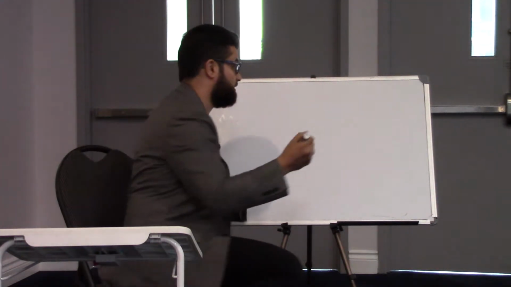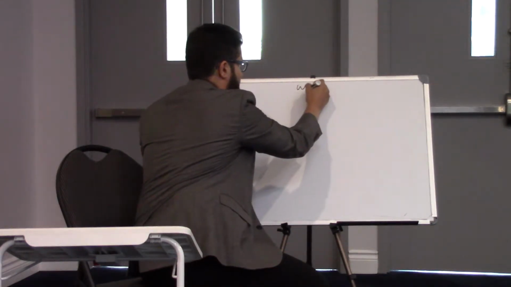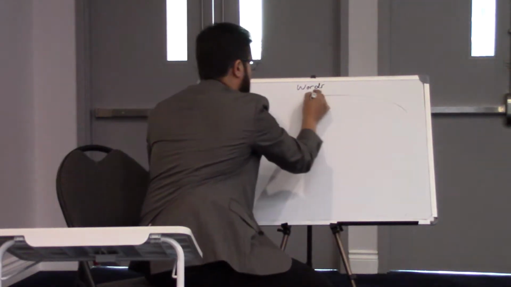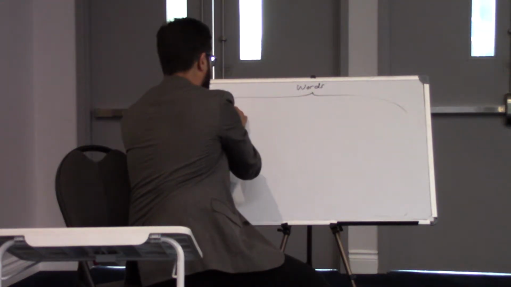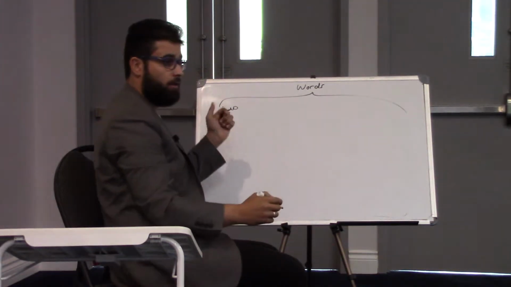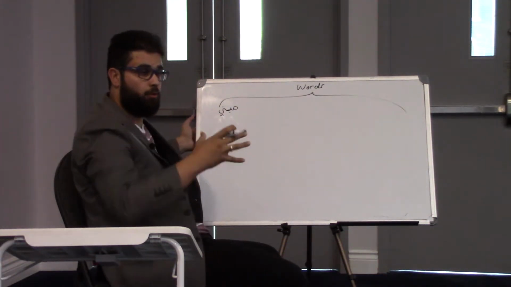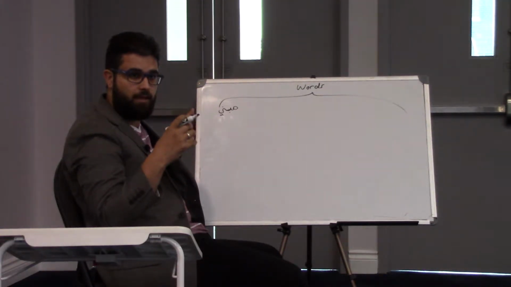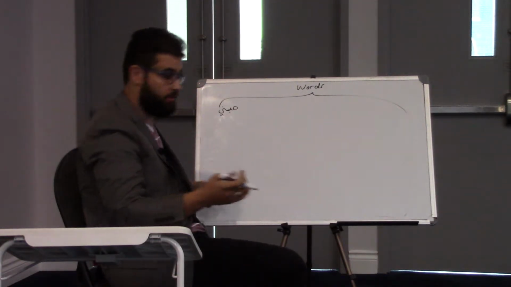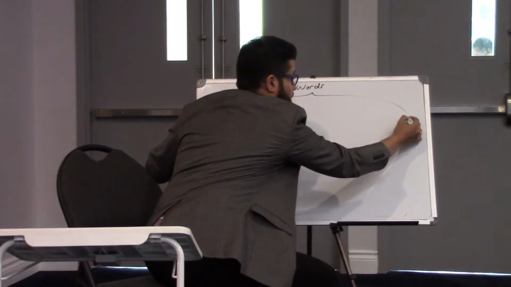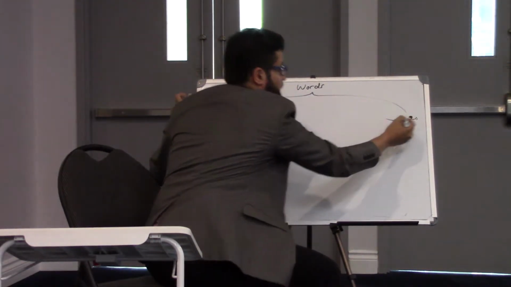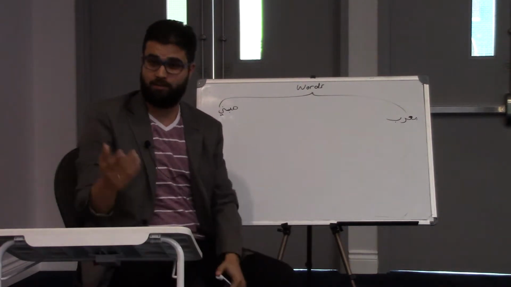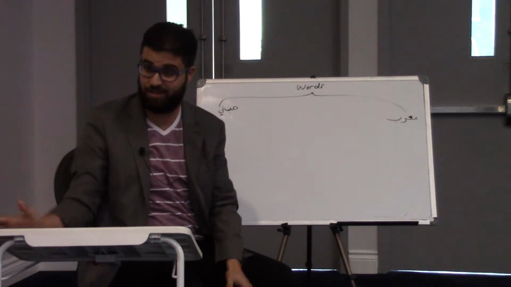So words go into two categories. Mabni words lack flexibility. And then mu'rab means that a word has the ability to exist in different capacities within the sentence.